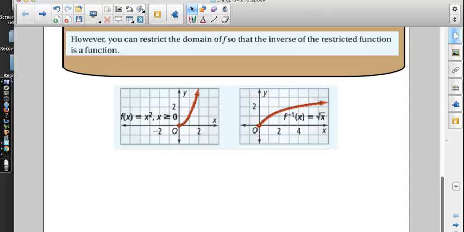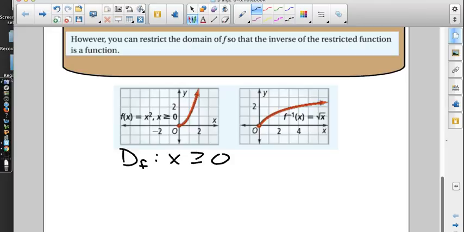Well, we can't use the whole parabola. We'd have to say just use the portion of the parabola that's to the right of the y-axis, and that's where x is greater than or equal to 0. So this would be a restricted domain of f, which would become the range of f inverse.